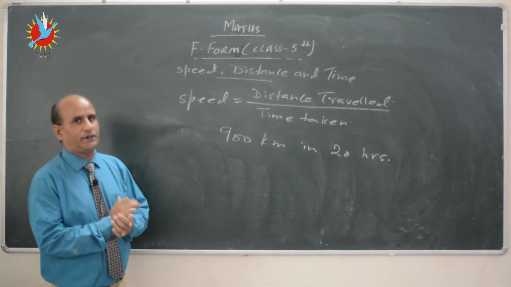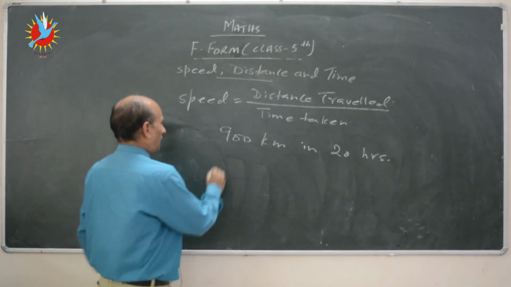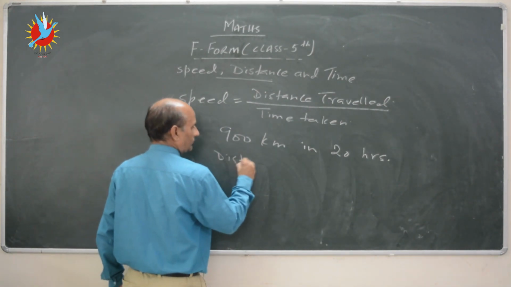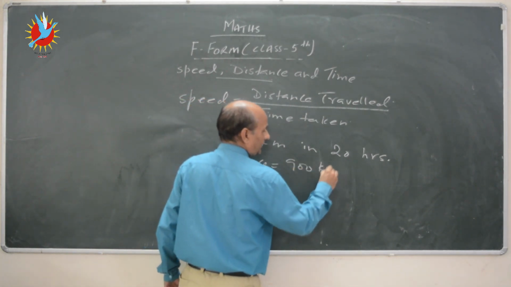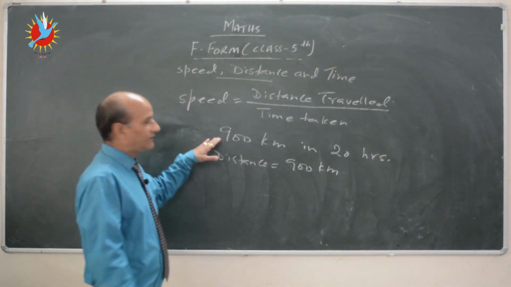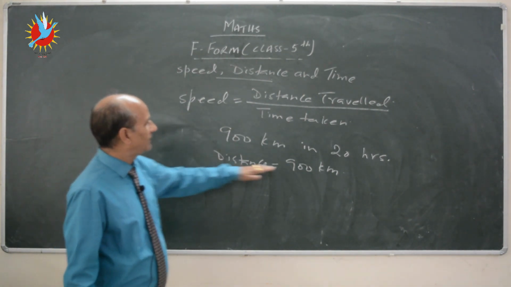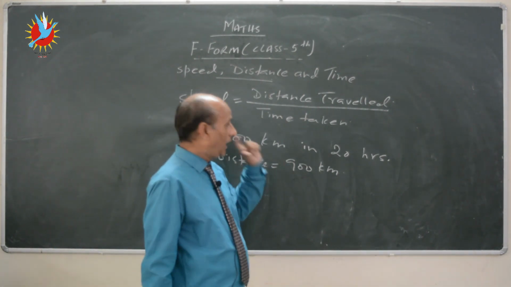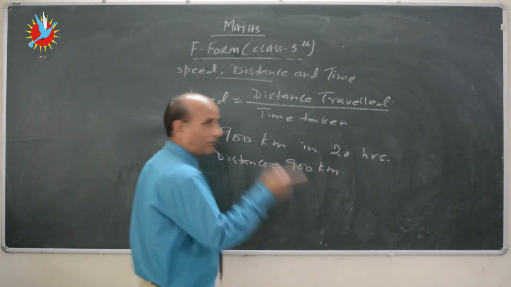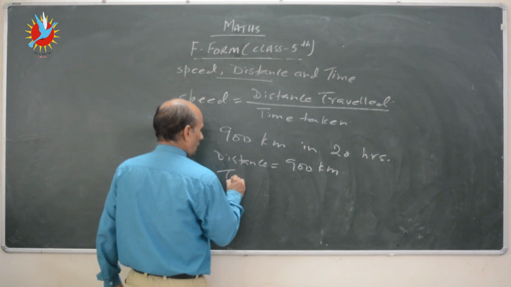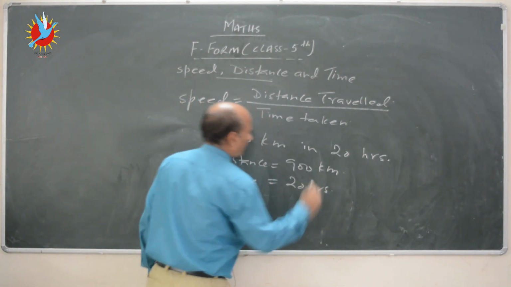Now first write down what is given. Distance traveled by the car is 900 kilometer. So distance is equal to 900 kilometer. And how much time does it take? It takes 20 hours to cover that distance. So the time is 20 hours.